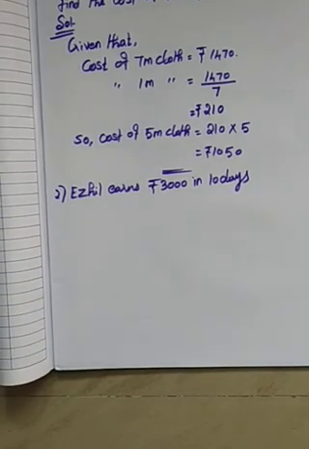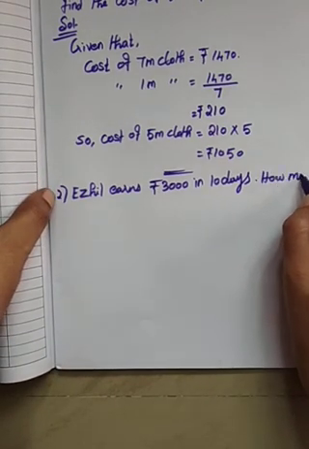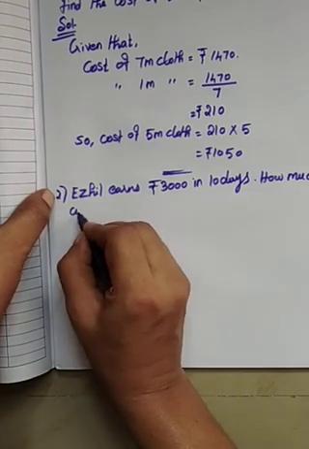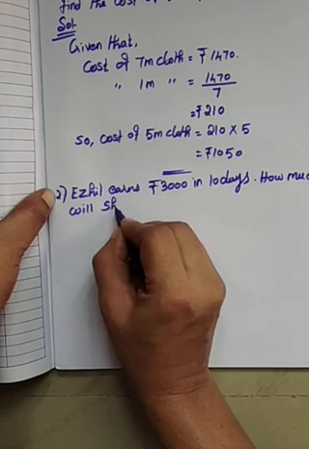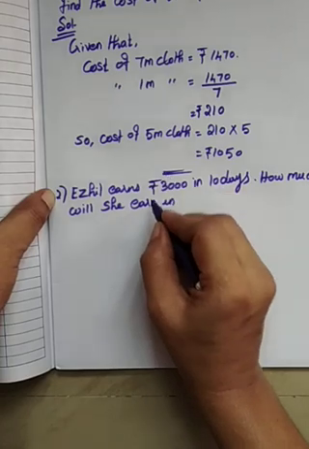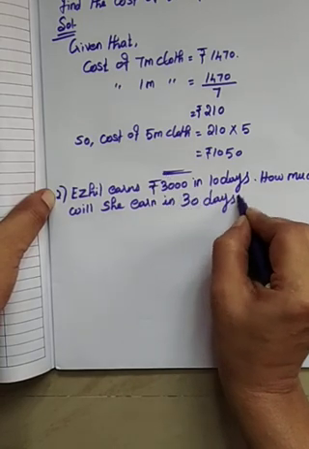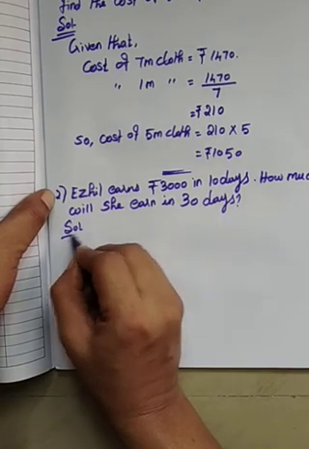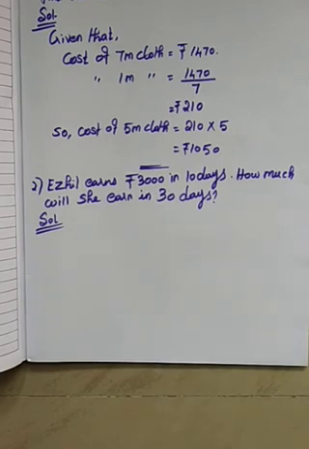How much will she earn in 30 days? See, what is the question? Elil earns rupees 3000 in 10 days. Now we have to find how much will she earn in 30 days.